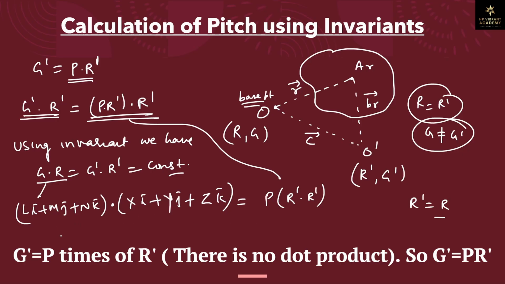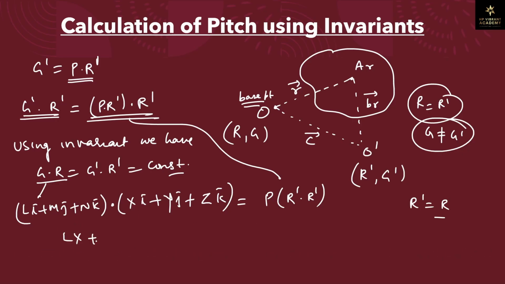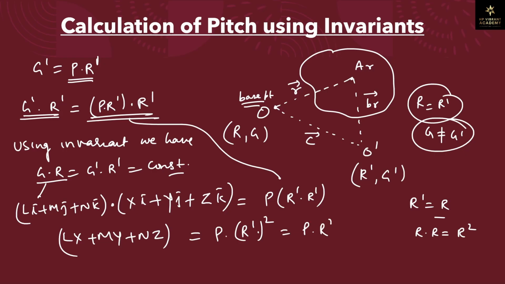So this is equal to Lx plus My plus Nz is equal to P times of R dash dot R dash, and since R dash is equal to R, this is R square. R dot R is equal to R dash dot R dash, so this is R square, which is equal to P times R square.